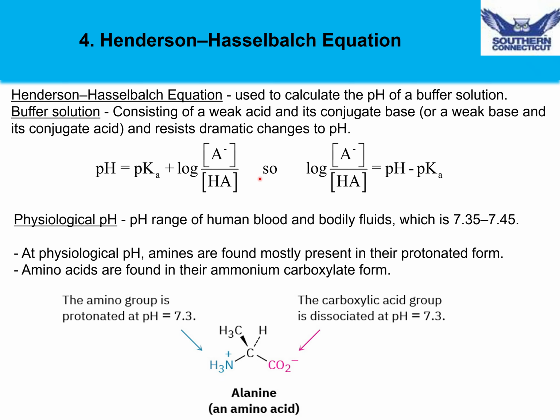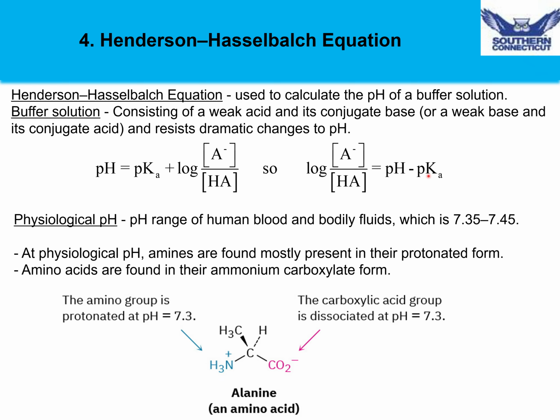If we rearrange this equation, we can also get a ratio between the concentration of the base in the buffer solution over the concentration of the acid in that same buffer solution. The equation can be rearranged to be: log of the concentration of the base over the concentration of the acid is equal to the pH minus the pKa of the acid in the buffer solution.